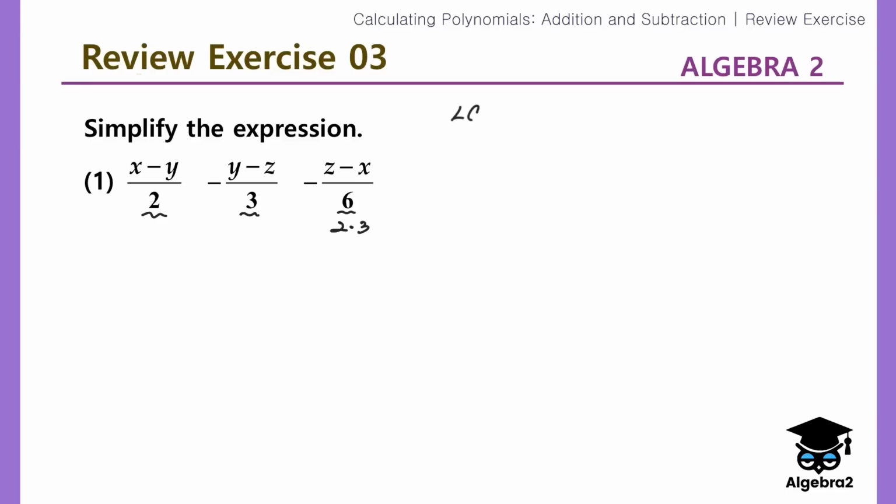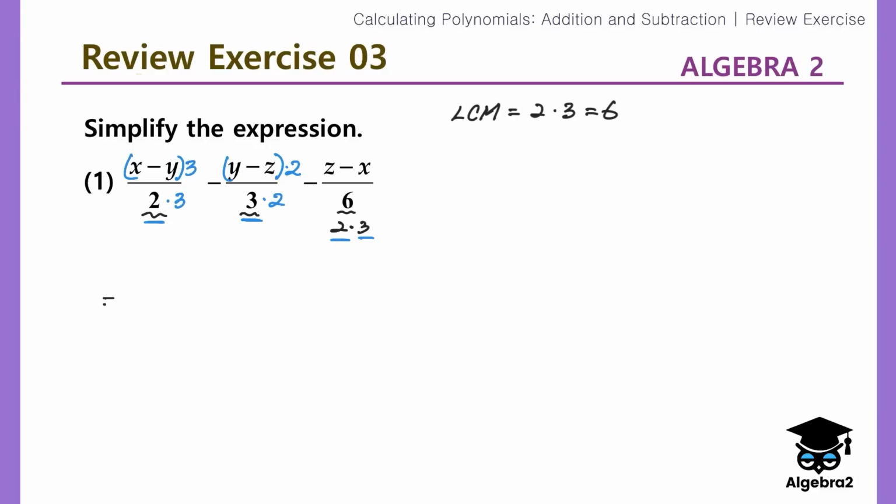So our least common multiple must be equal to, we must have at least one 2 and one 3. So that's a 6. So what I'm going to do is multiply by 3 here to make this denominator 6, 3 here, 2 here, 2 here, and I'm not going to do anything for the last polynomial. The denominator is 6 already, right?